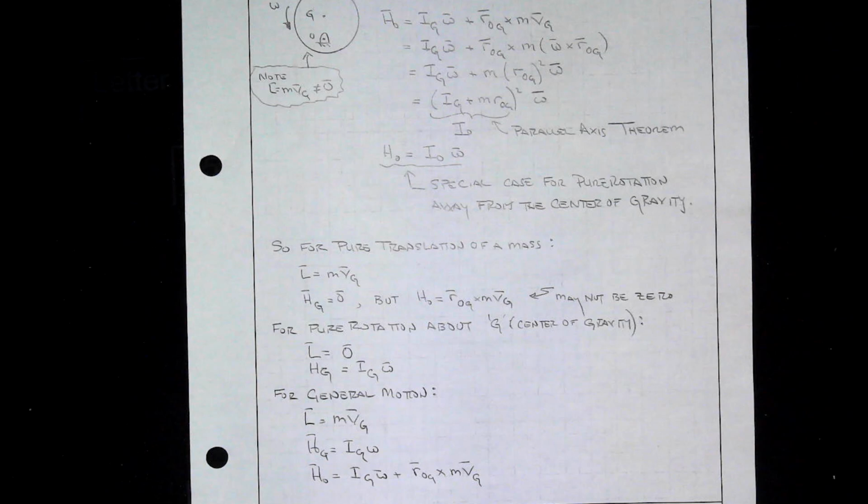The H is angular momentum, and this is angular impulse. All right? So, if looking at this new equation we have, if the mass is purely rotating about the center of gravity, well, that means Vg is 0. So we're left with the angular momentum is simply Ig omega. So that looks a lot like what we have for linear momentum, as these terms disappear.